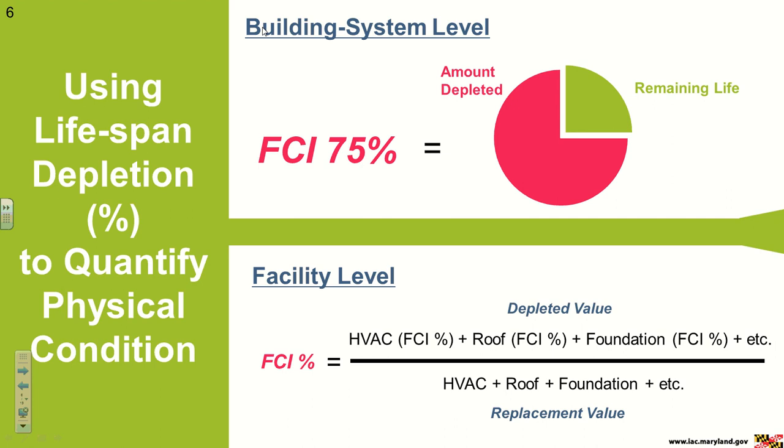So it may be a 20-year roof that has been used for 15 years, but in any case, it's a 20-year roof that has 5 years left on it. It could be a roof that was only put on 5 years ago. But the FCI represents the remaining life subtracted from the intended life. So the remaining life is only 25%.